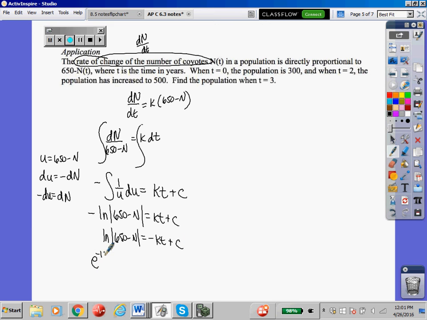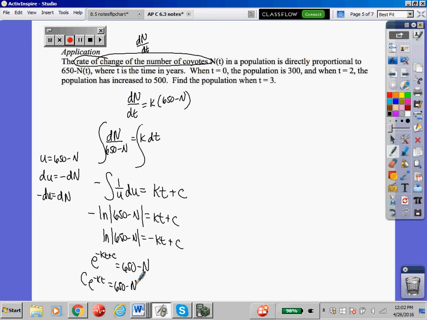So now, here we go. This is e to the negative kt plus c power equals 650 minus n. I'm hoping at some point, after you've done enough of these, instead of needing to do that extra step, we're cool with saying that c e to the negative kt? You get where that's coming from? Because you'd have e to the negative kt times e to the c.